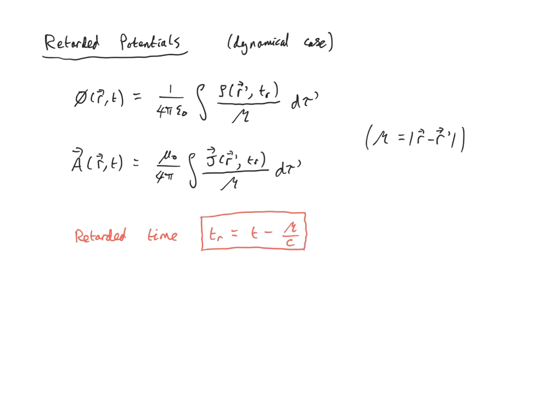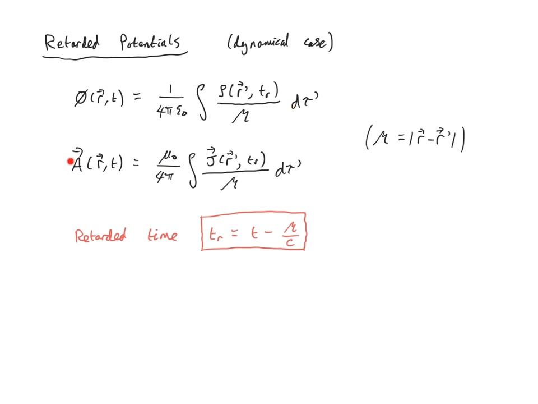So the current and the charge configuration at an earlier time, which is this retarded time, affect the potentials separated by a distance of script r at a time t. So we need the entire history of the source fields ρ and j in order to calculate the retarded potentials.